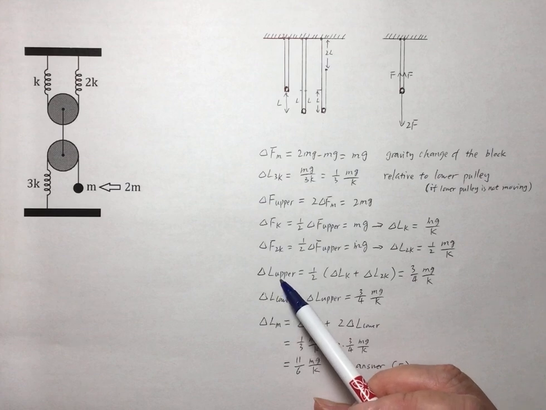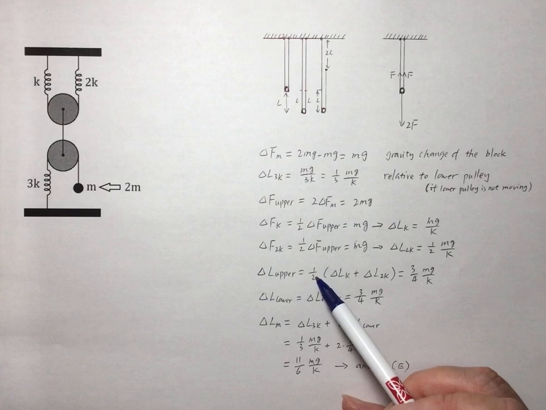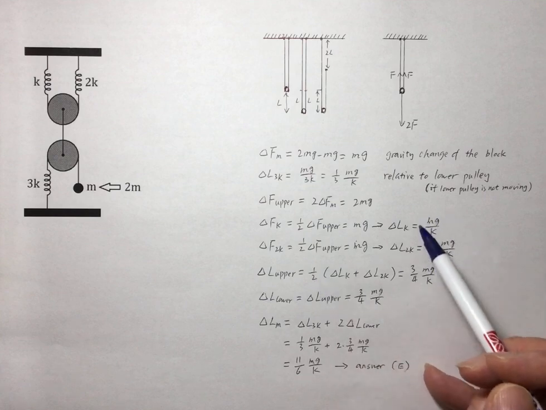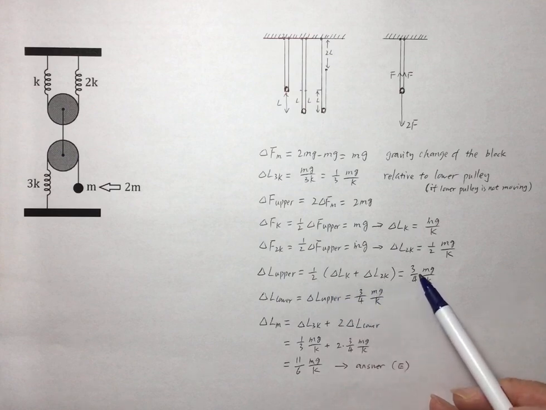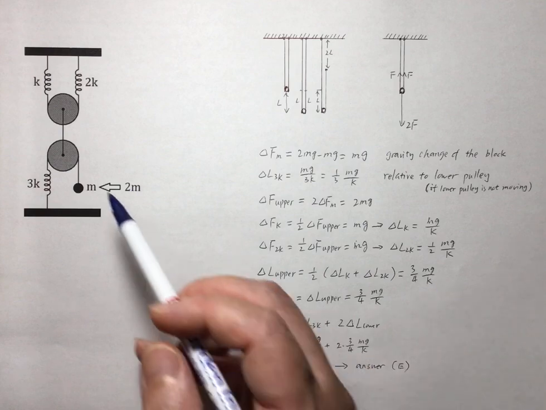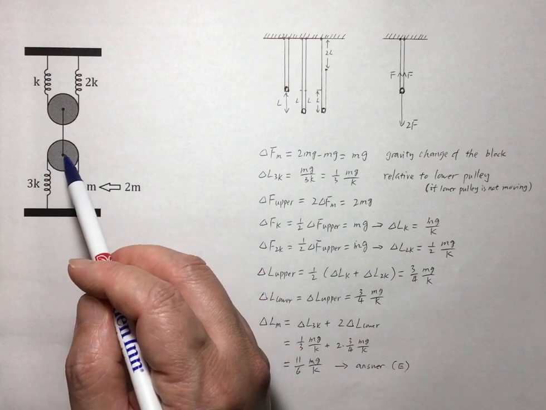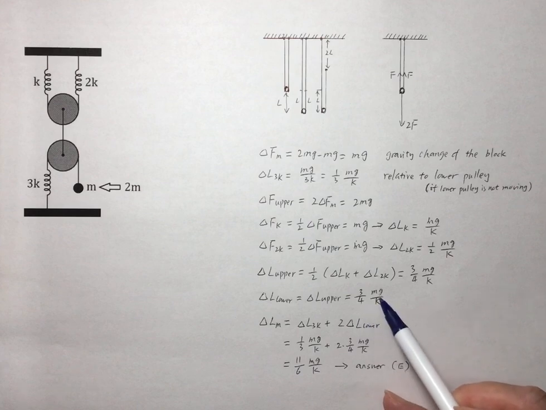So the upper pulley goes down by half of the sum of these two numbers. So there's 3/4 mg over k. This means the lower pulley will also go down by this value, 3/4 mg over k.